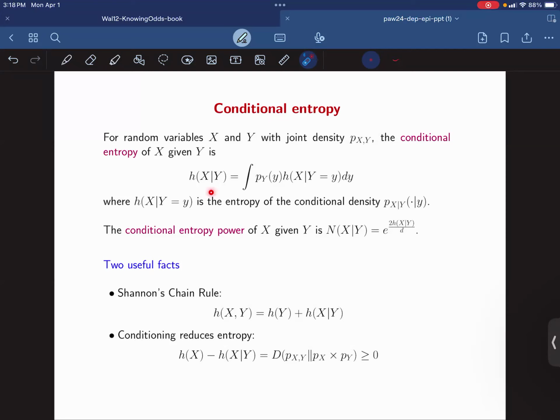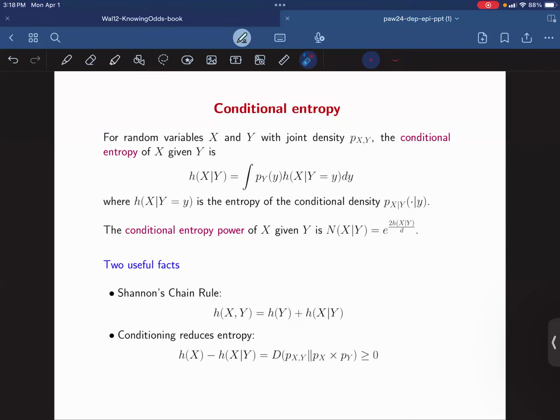A conditional entropy is not the entropy of a conditional distribution, but it's the average of the entropies of the conditional distributions when you average over the thing you're conditioning on using the appropriate margin. So that's the definition of the conditional entropy, and the conditional entropy power is defined exactly as before by taking the exponential of twice the conditional entropy divided by the dimension.